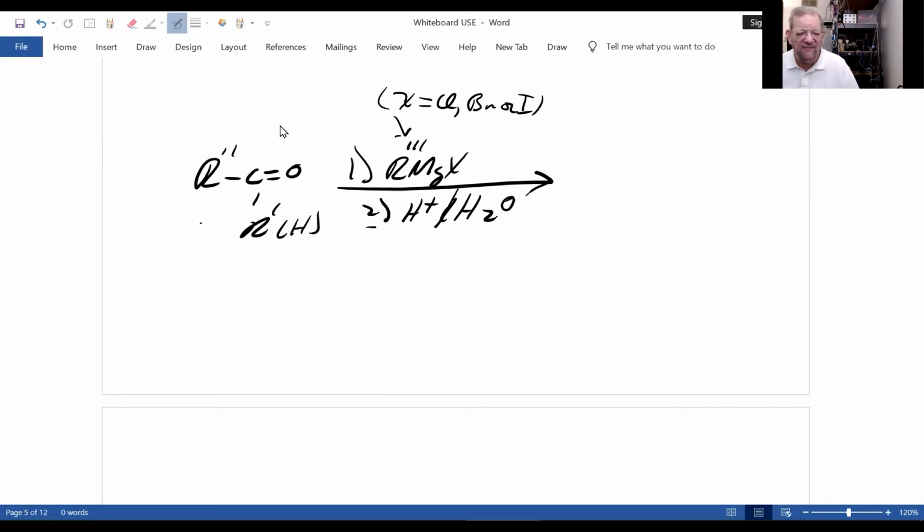And second step, you add acid and water. Keep your eye on the carbonyl carbon because that's where the fun is. What's attached to it stays attached to it. R prime or hydrogen, R double prime. This opens up to an alcohol, hydroxyl group on a carbon, and the carbon that was the carbonyl carbon is now bonded to our R triple prime, and you've done something very special, very rare, and very powerful. You've made a carbon-carbon single bond.